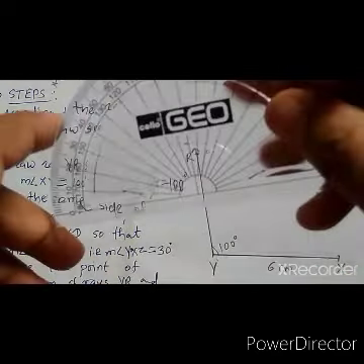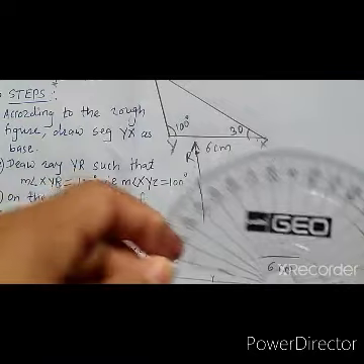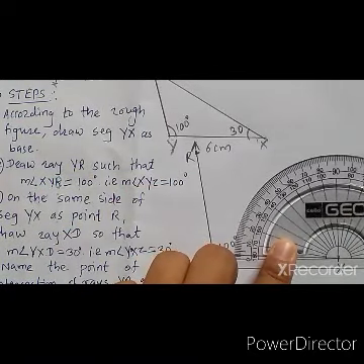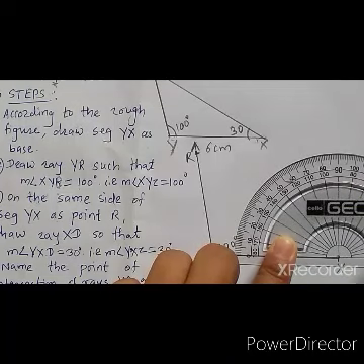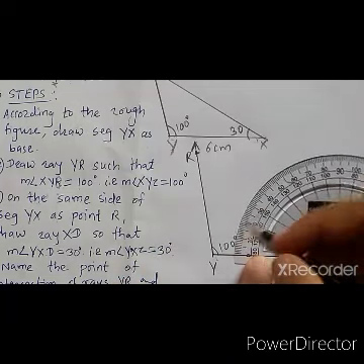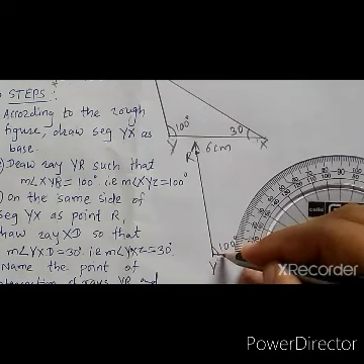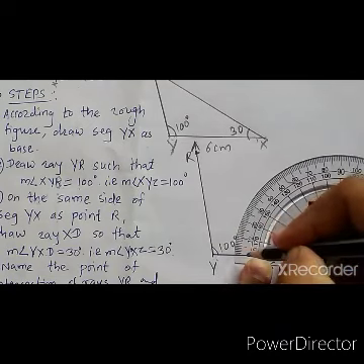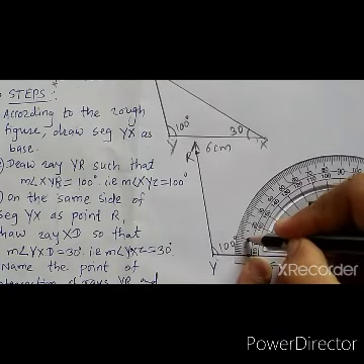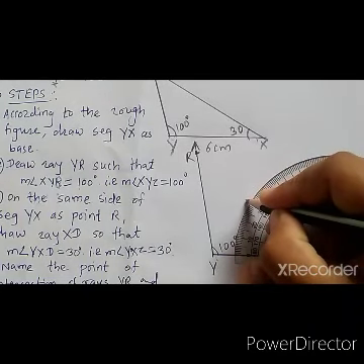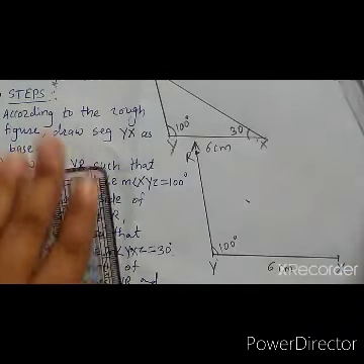Again we have to take the protractor, and now put this point on the point X. Now see the direction of this segment. It is on the left hand side. So start from the left hand side and take an angle of 30 degrees. So 0, 10, 20, 30. So here 30 degrees. So mark here and join these 2 points.